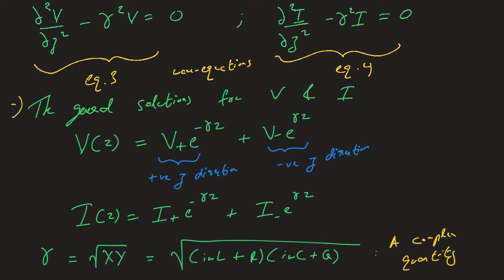Even if this was a lossless waveguide, then R and G would be 0. Then you would have the square root of minus ω squared LC, so gamma would still be complex. So in general, it is complex for both the lossless and a lossy waveguide in the way that we define it here.